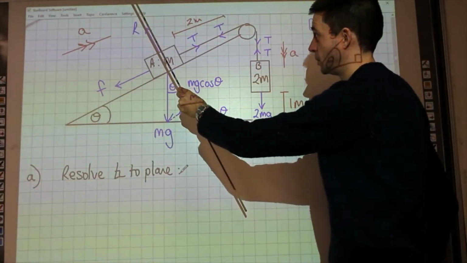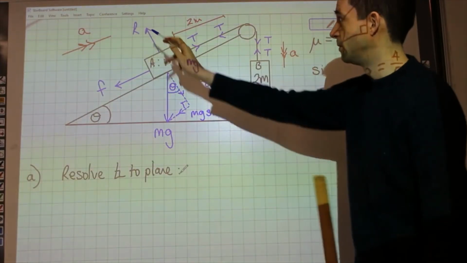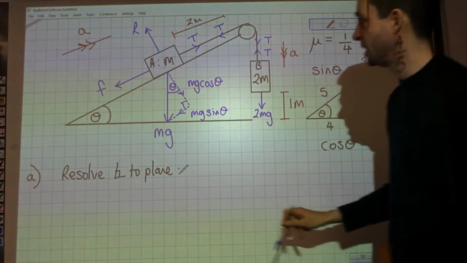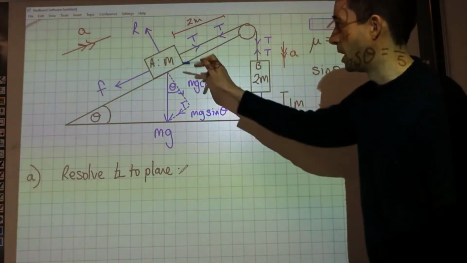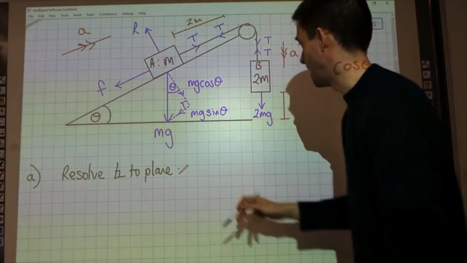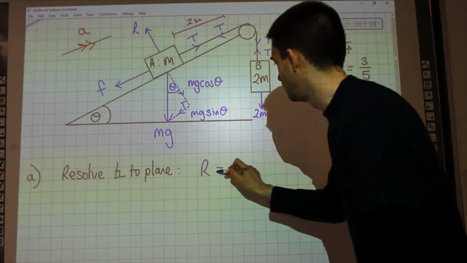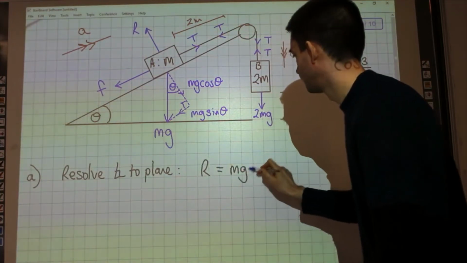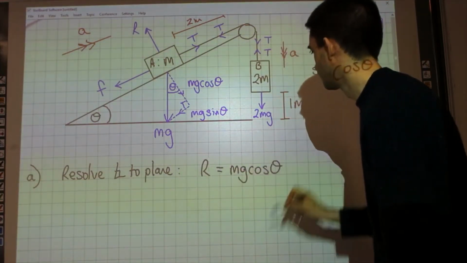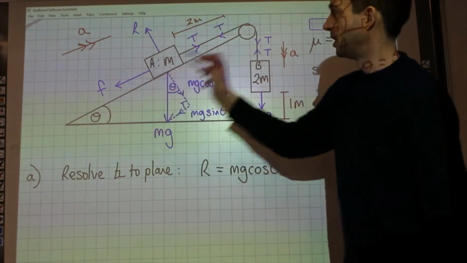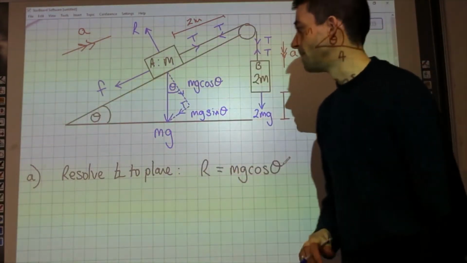And I've got those two forces there. I've got normal reaction force, and I've got mg cos theta, which is the perpendicular component of the weight of A. And I know that those two things must be equal, because A is sliding along the plane, it's not moving up or down.